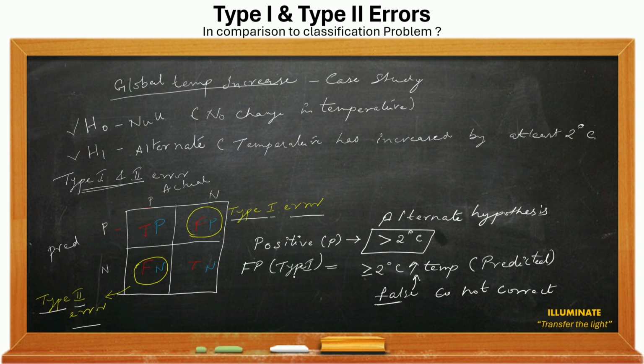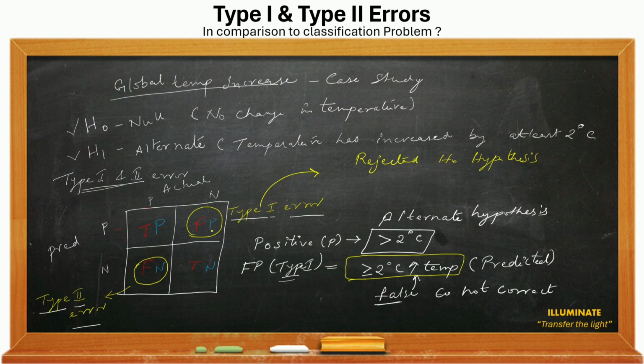So now take a little time. Let me switch the context to the null hypothesis. If you say this type 1 error in terms of the null hypothesis, what have we done? We have rejected the null hypothesis, isn't it? We are saying that it has increased by more than 2 degrees Celsius. This is what we are predicting, positive, right?